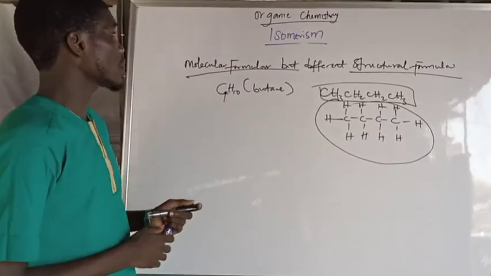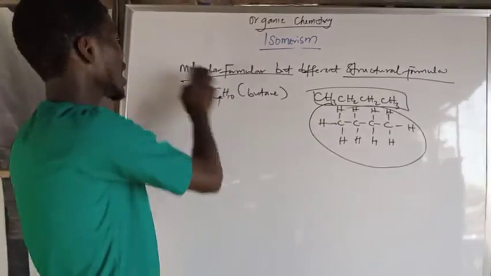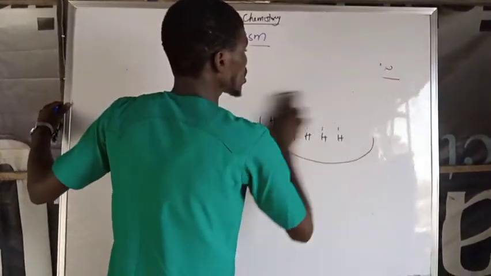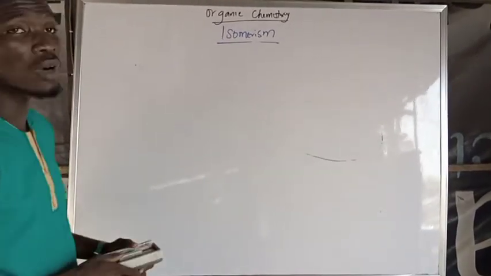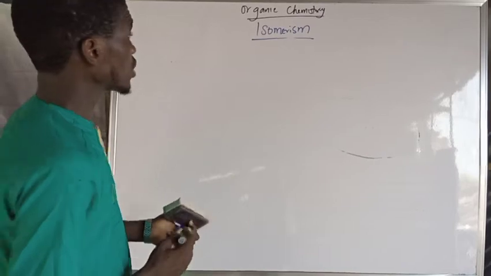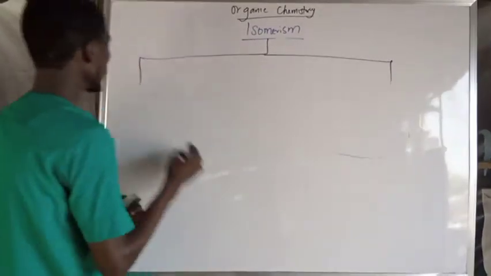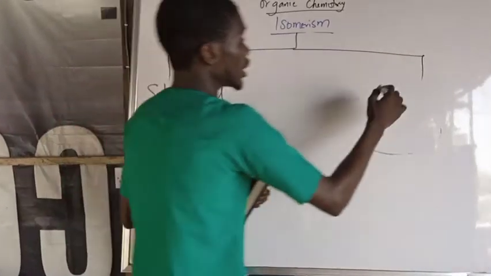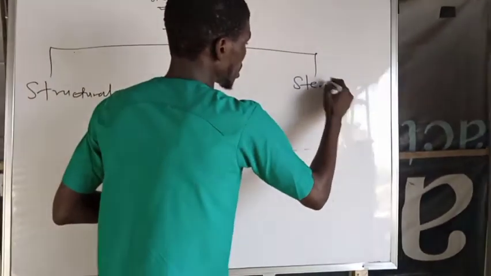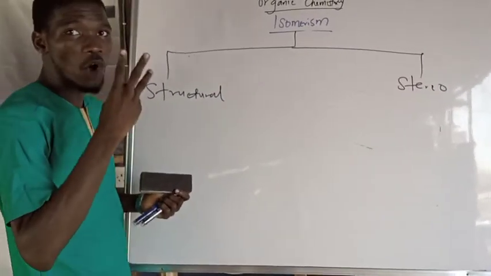Then isomerism is subdivided into 2. The first one is structural isomerism, while the second one is stereoisomerism. So under the structural isomerism, we have 4 types.